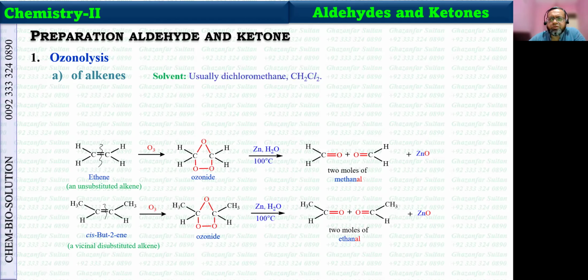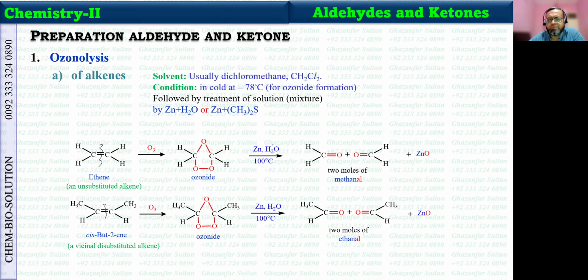The solvent used for this reaction is dichloromethane. The condition for this reaction is actually minus 78 degrees Celsius for ozonide formation, following the treatment with a reducing mixture of zinc and water, or zinc and dimethyl sulfide. But in our syllabus, this is not mentioned, so you can ignore it.